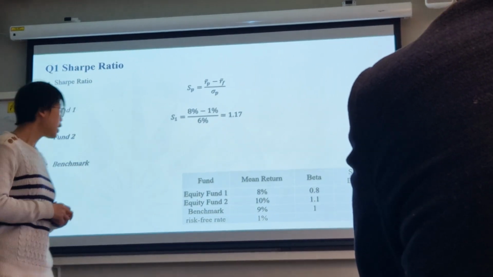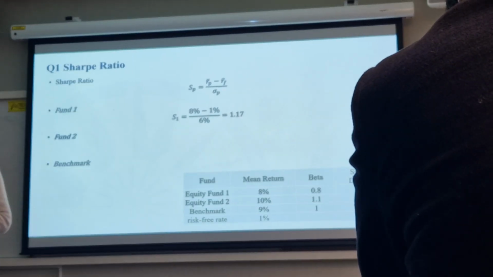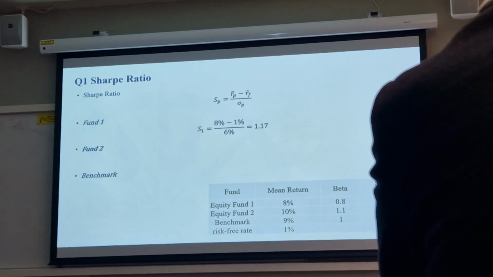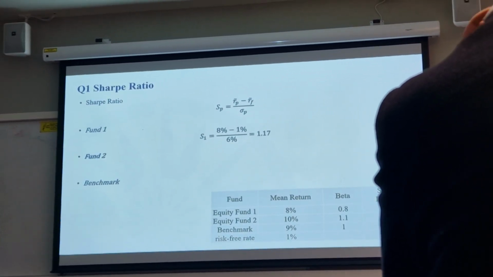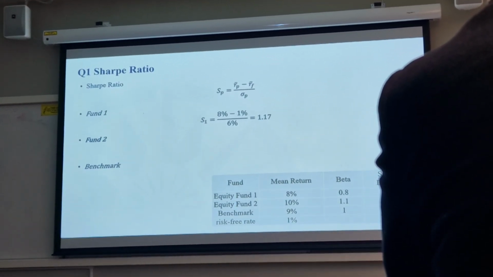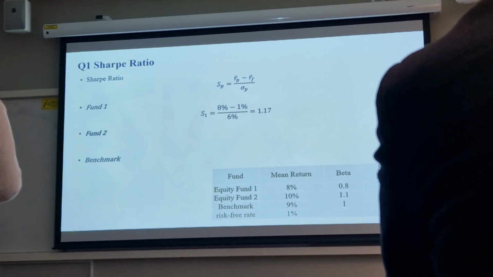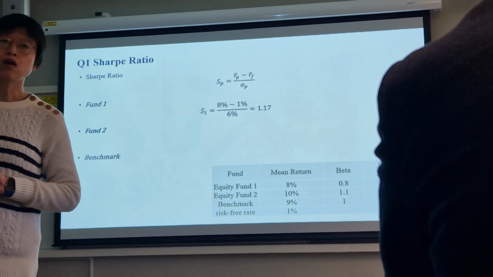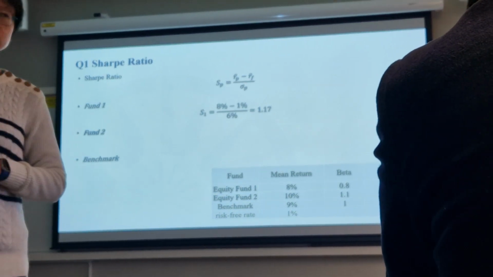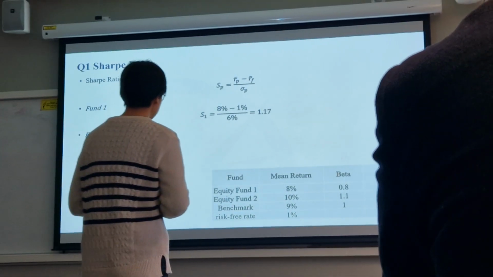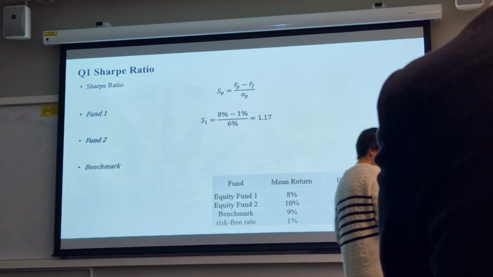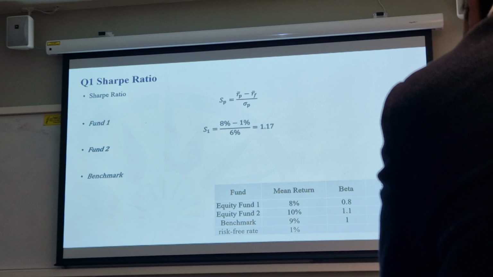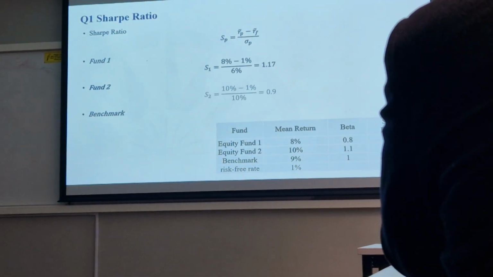So here 1.17 means that investors could receive 1.17 units of return, 1.17% of return, after undertaking 1% of the total risk. So this is the reward after undertaking the risk.